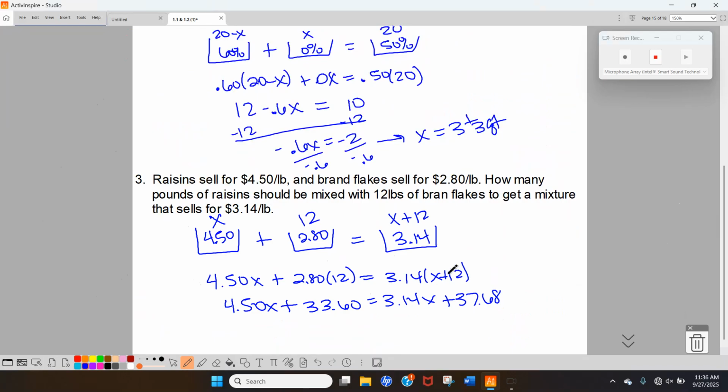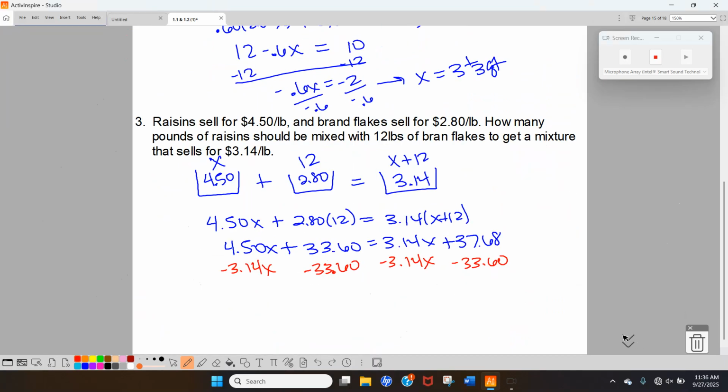All right, so then I'm going to do this in a different color this time so that we can see. We're subtracting this over here. And then we'll subtract this over here. We're trying to get variables on one side and constants on the other.